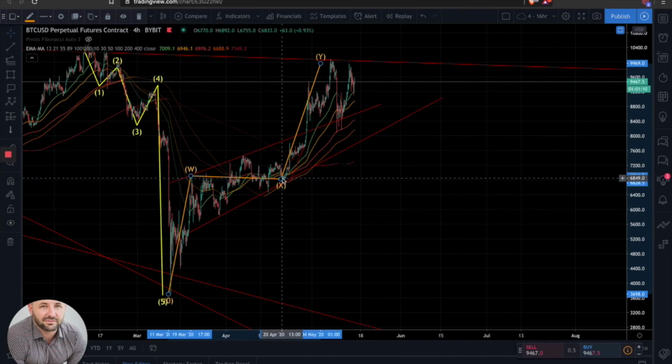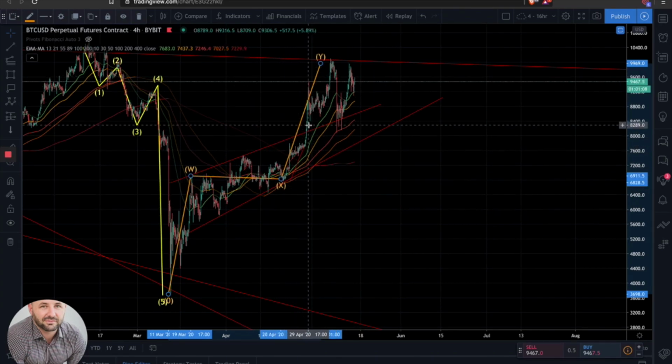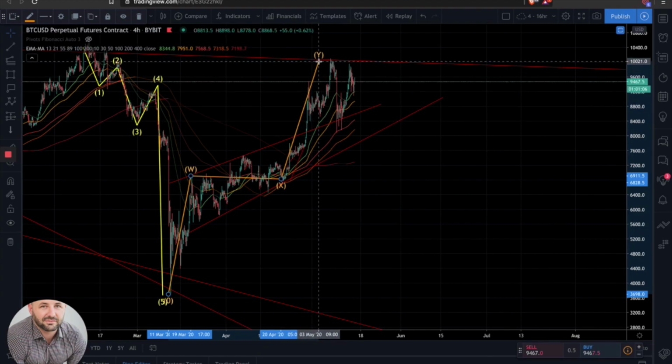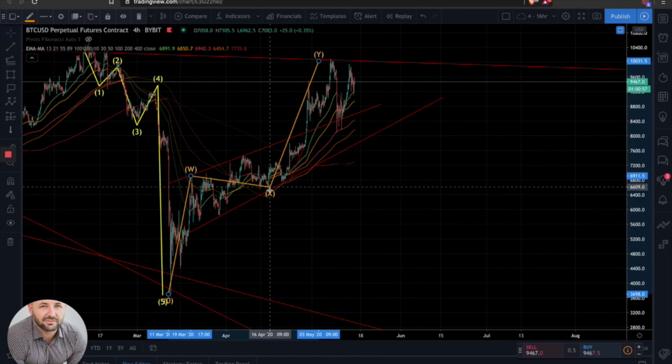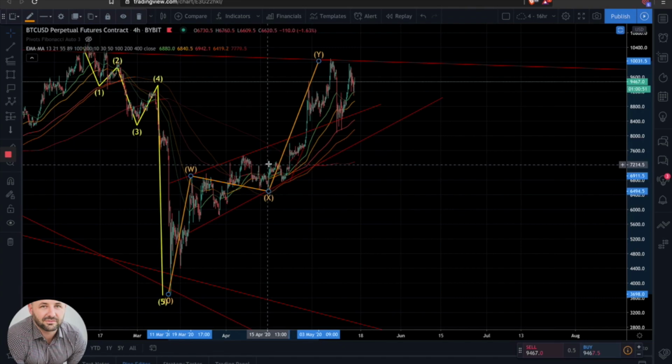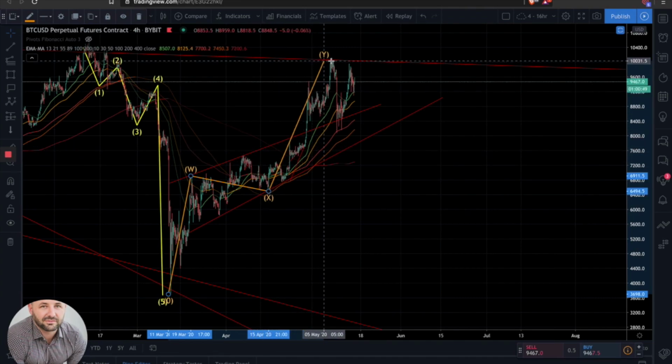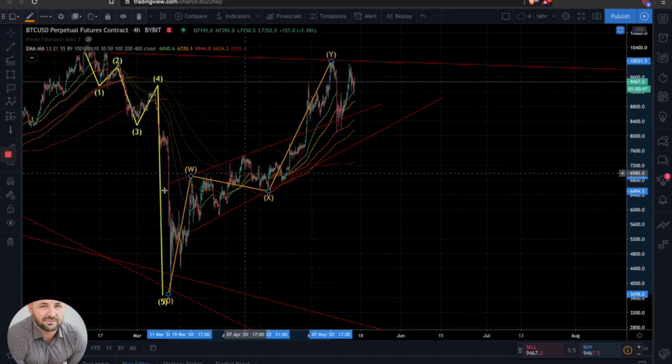I would just have to go back in and try to make a 3-wave move out of this whole thing right here. So potentially a zigzag, maybe this guy here, to potentially make this a WXY within this. So that would be the other option.